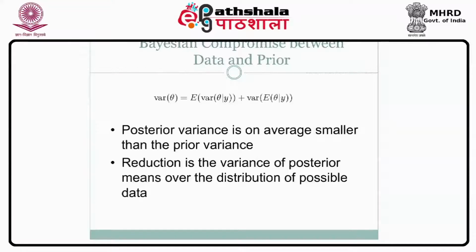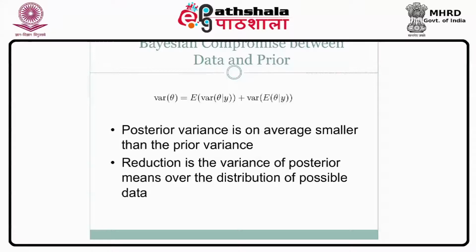Now, Bayesian compromise between data and prior. The posterior variance, if you compute this, is on an average smaller than the prior variance because the likelihood is giving you some more information. So whatever the prior variance someone is taking, it is being reduced by the use of the data information.